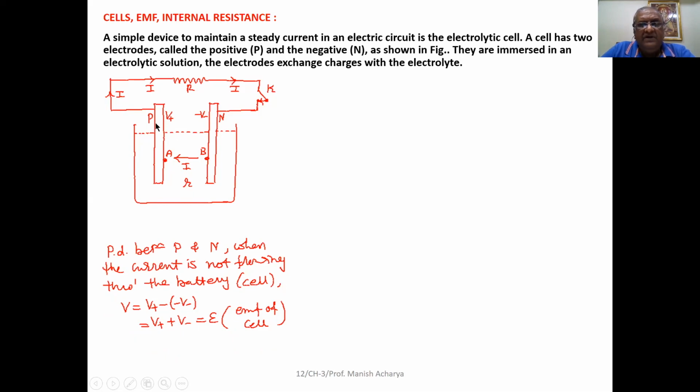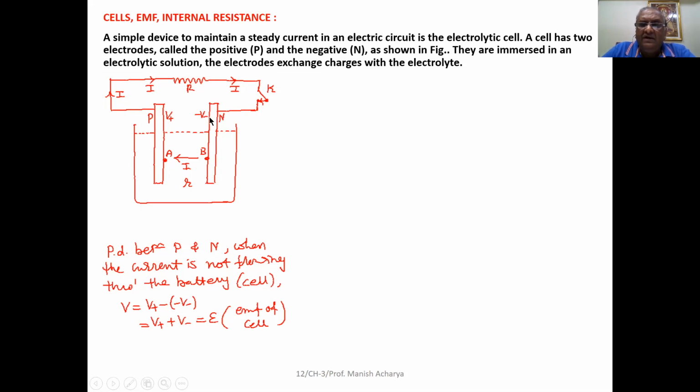See, we discussed this thing, one electrode is at positive potential because it is positively charged, another one is at negative potential because it is negatively charged.